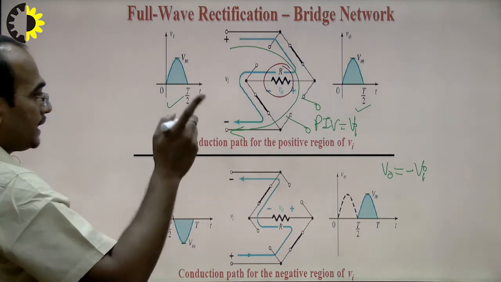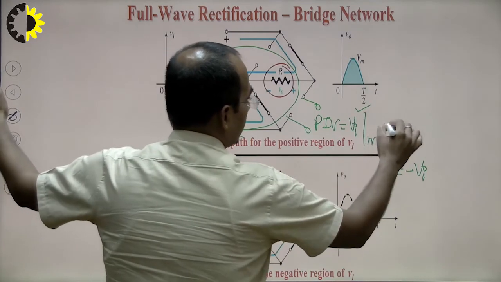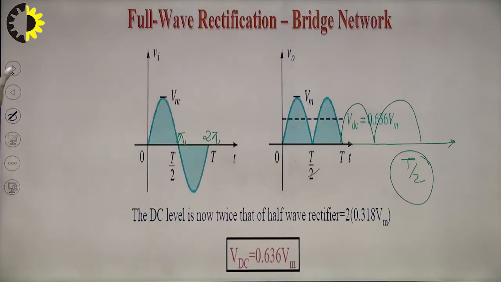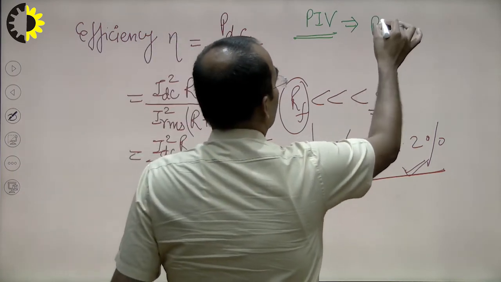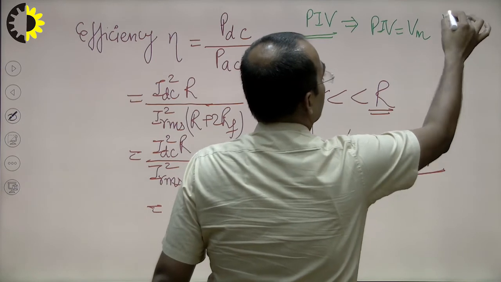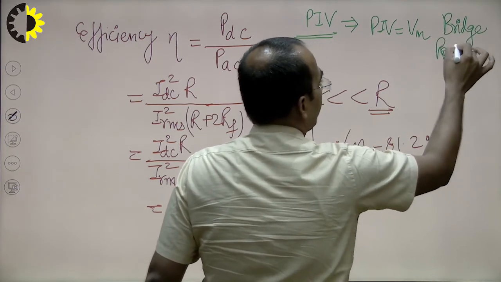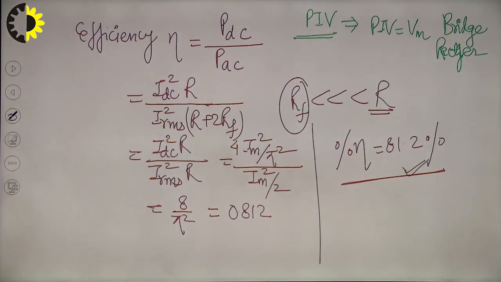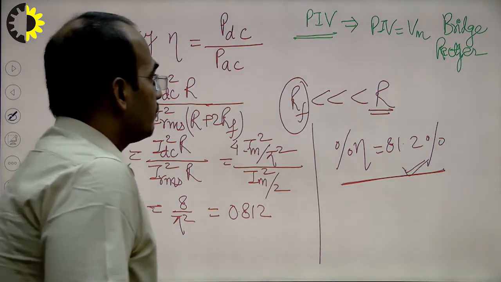The definition says the maximum voltage across the diode, so PIV will be equal to Vm. So the peak inverse voltage for the bridge rectifier is Vm. Similarly, we can find the peak inverse voltage for the center tap rectifier.